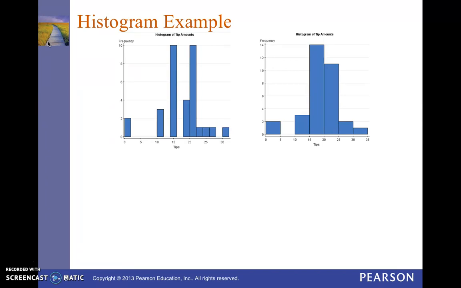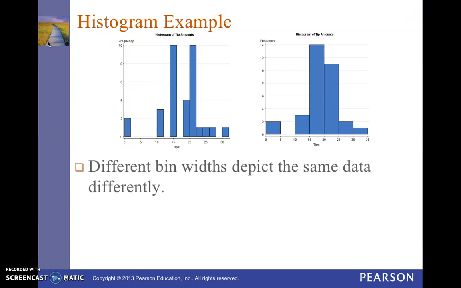Okay? So in a histogram, different bin widths, right? And those are basically the little where you see the numbers at the bottom, 0 to 5, 5 to 10, 10 to 15. So obviously the bin width here would be 5.